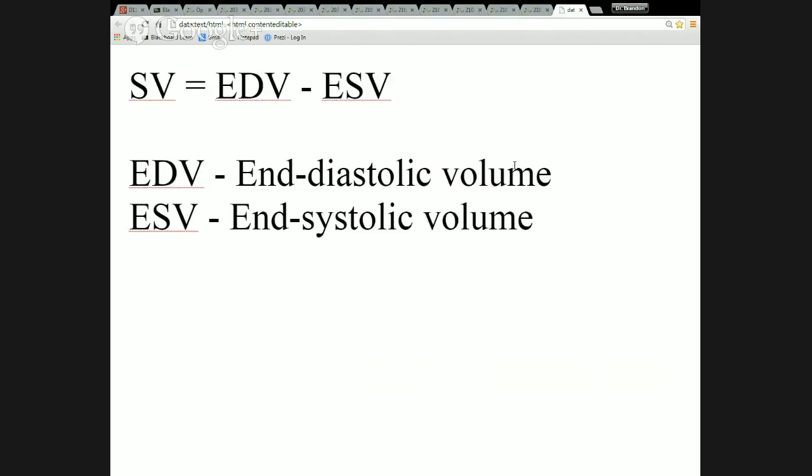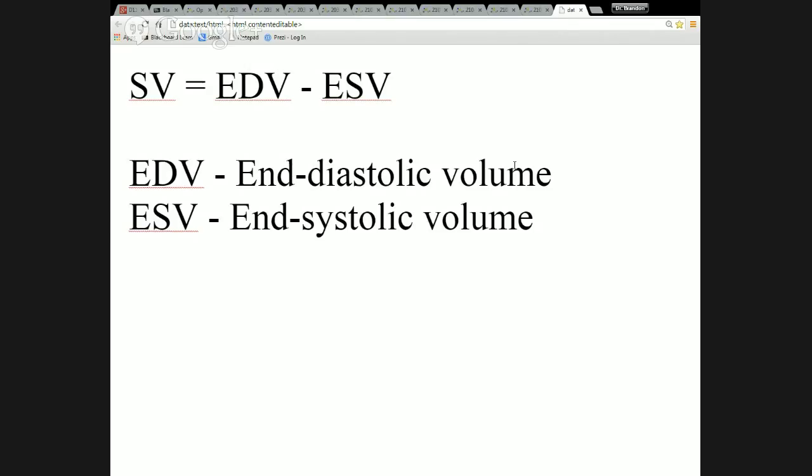Okay. And what does end systolic volume mean? Ventricular systole really means when the ventricle is ejecting the blood into the arteries. And so at the end of that, that's going to be end systolic volume. That's the lowest point, the smallest volume. That will not be zero. The heart does not eject all of the blood in the ventricles.